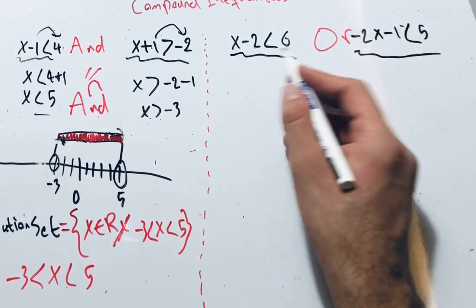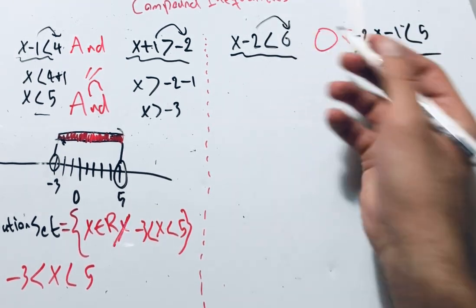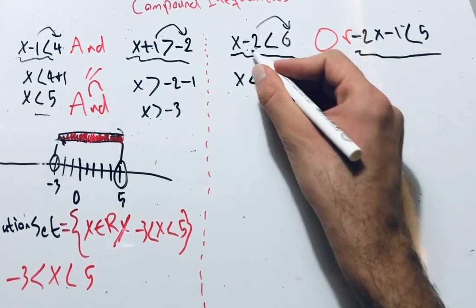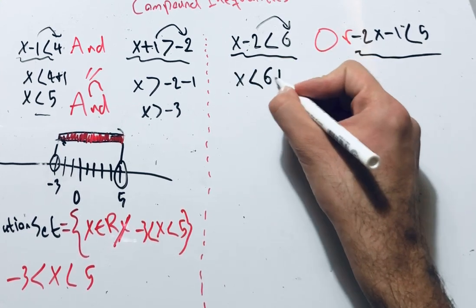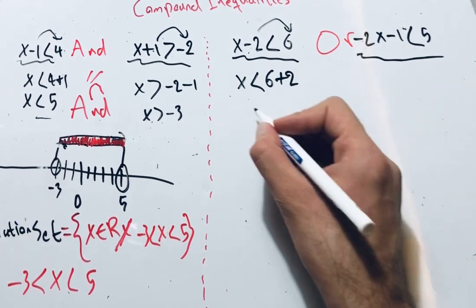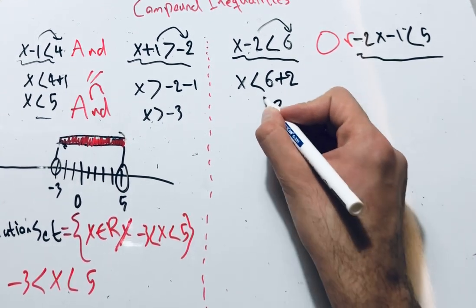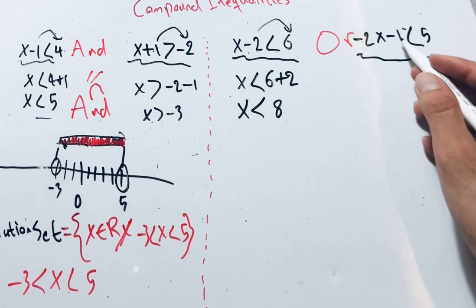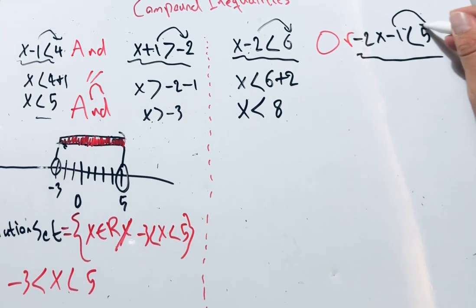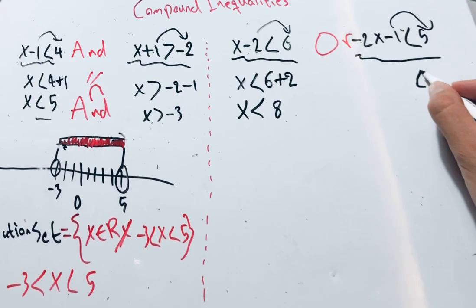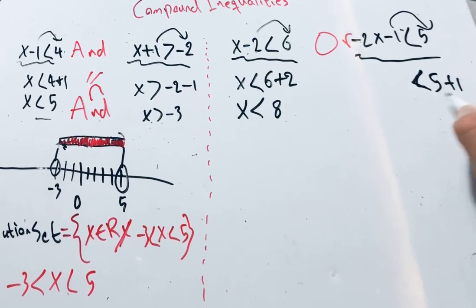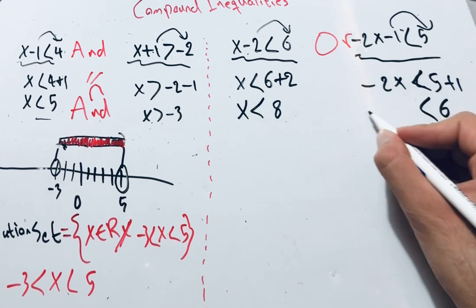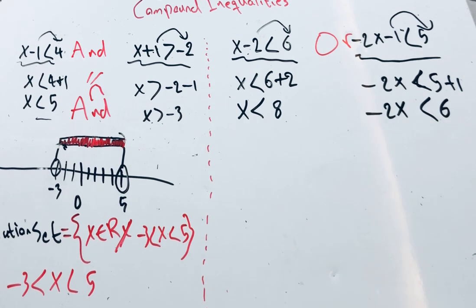So basically, again, solve this easy inequality. Move -2 to the other side, so this becomes x smaller than 6 plus 2, which is just 8. X is smaller than 8. Let's do this one also. Move -1 to the other side. This becomes 5 plus 1, -2x. 5 plus 1 is just 6, so -2x.